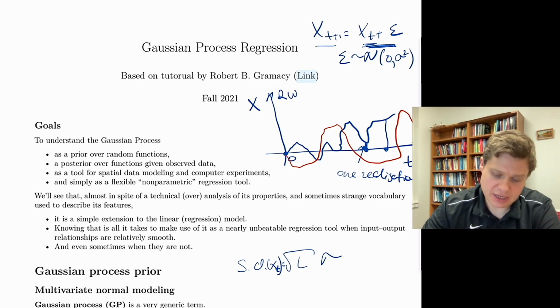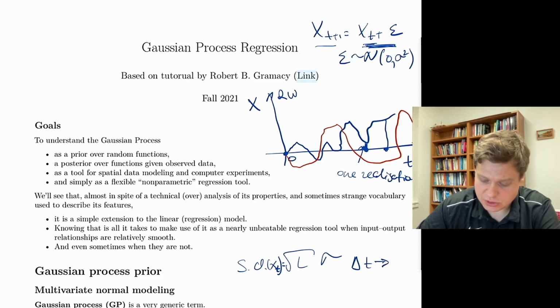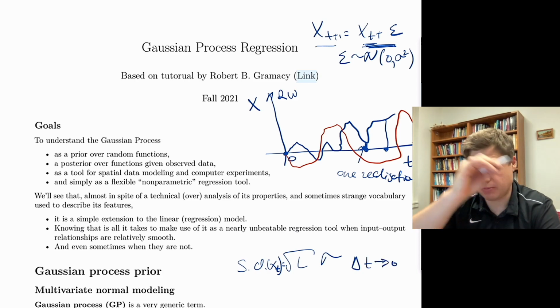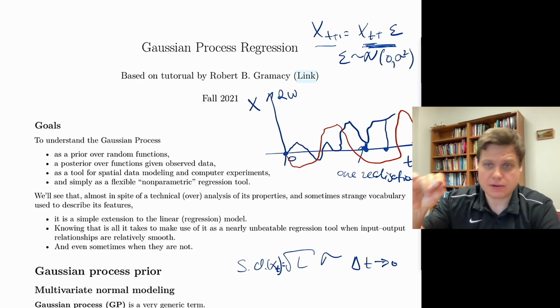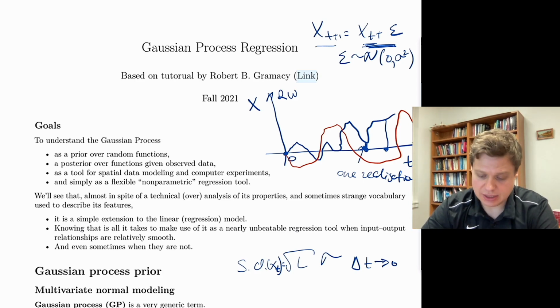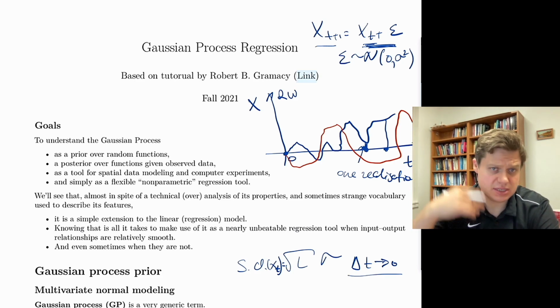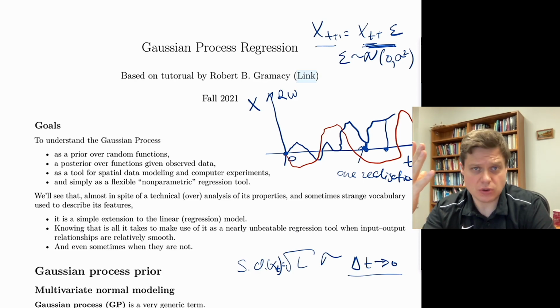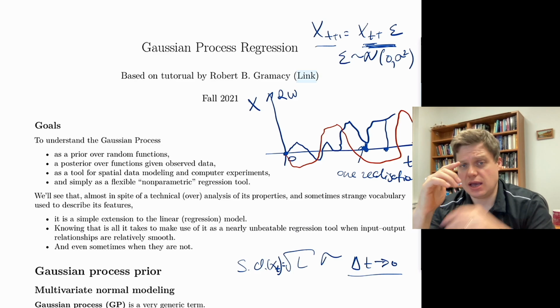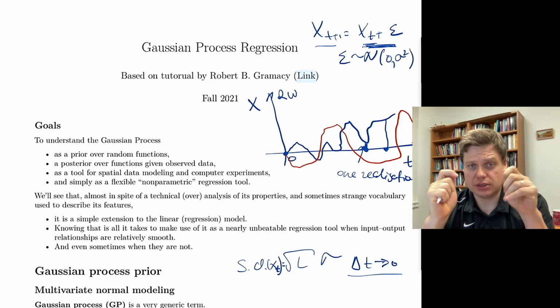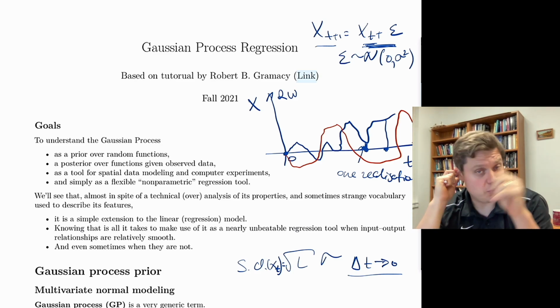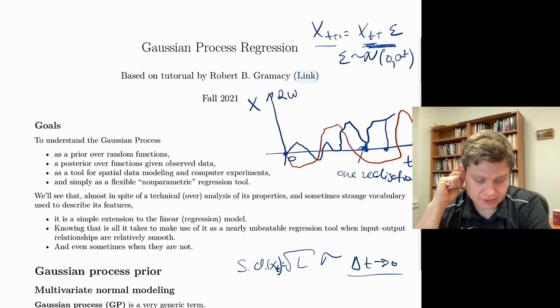And essentially here, I did discrete time, but now imagine that delta t goes to zero, so your time step goes to zero, so you basically have smooth lines rather than the jerky zigzag lines, but nothing changes. The same intuition holds. The closer you are to zero, the less the variance is, and the closer the 2 points are to each other, the more they are related, the more correlation structure there is.